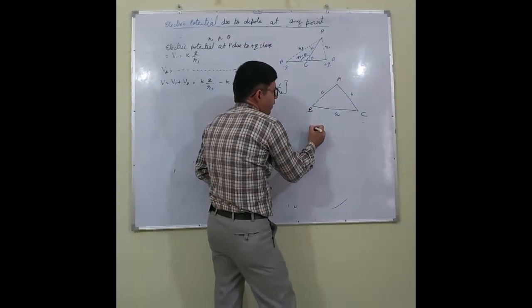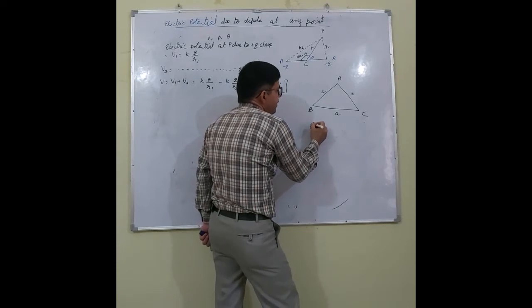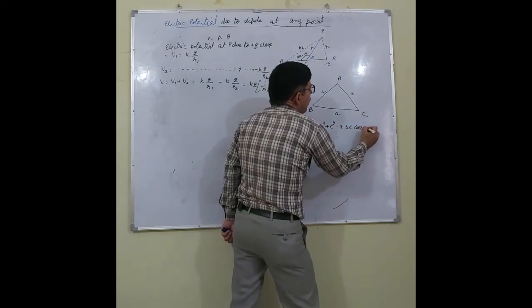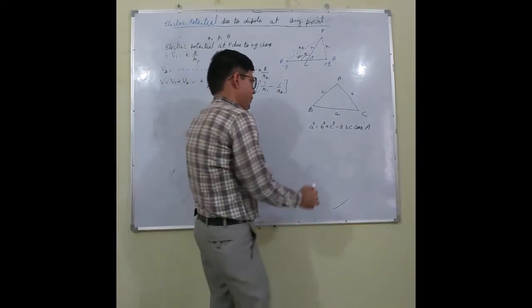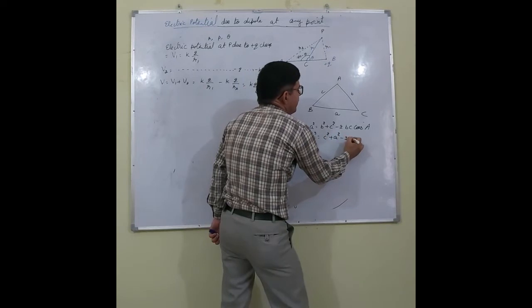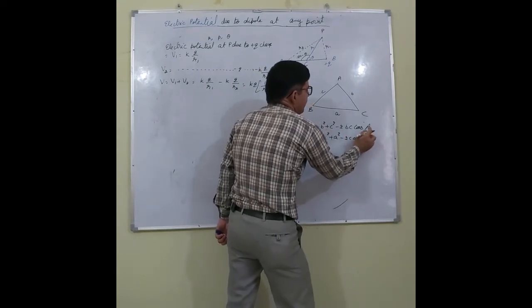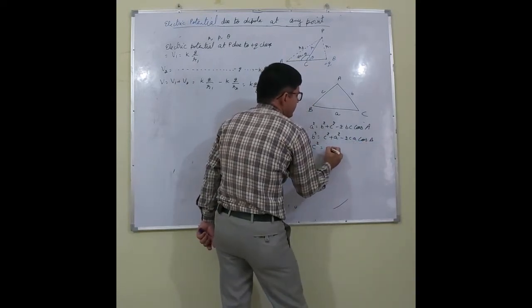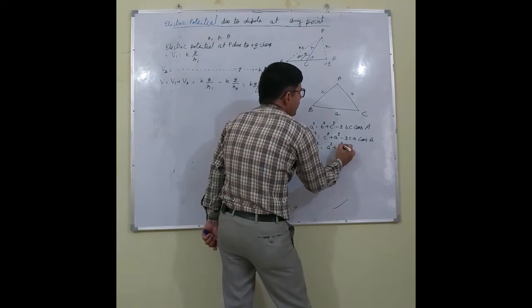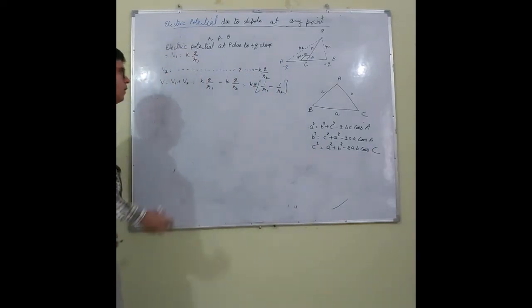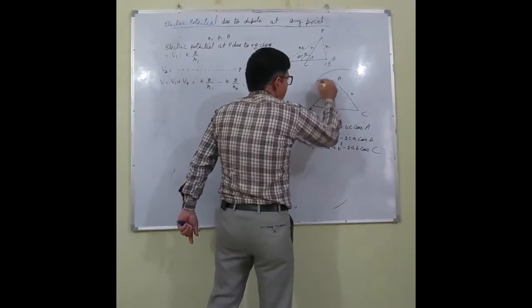The relation is a square equals b square plus c square minus 2bc cos A. Another, b square equals c square plus a square minus 2ca cos B, and c square equals a square plus b square minus 2ab cos C. So let me try to use this cosine law.